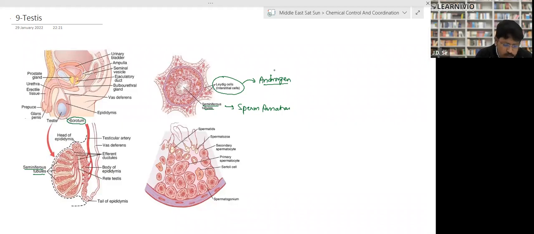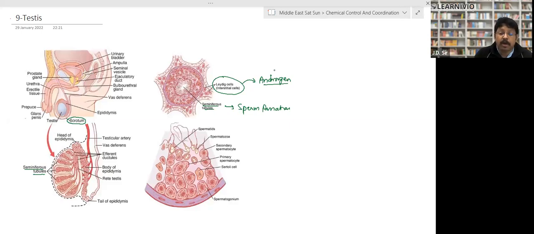Please note it down. Interstitial cells or Leydig cells of seminiferous tubules secrete various male sex hormones called androgens.